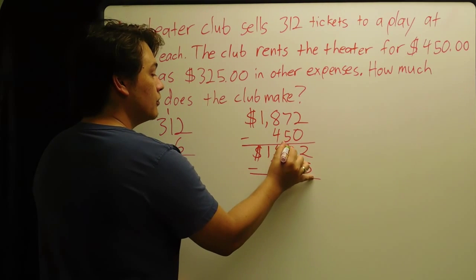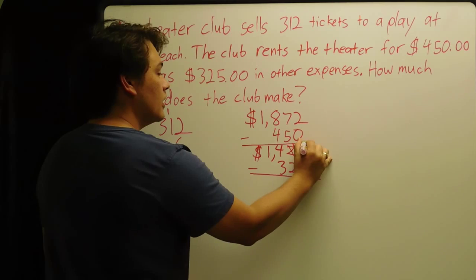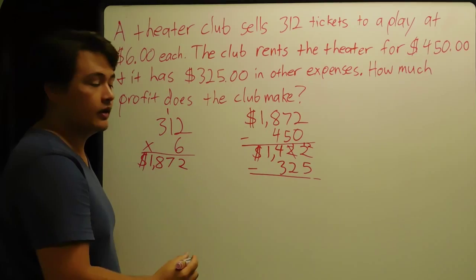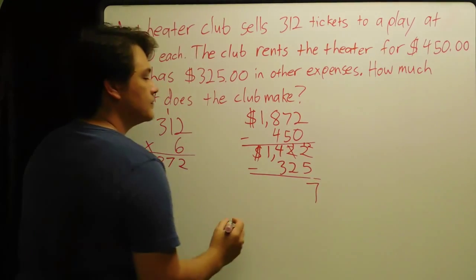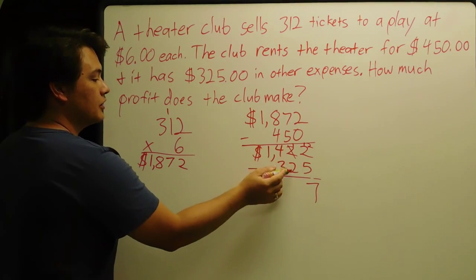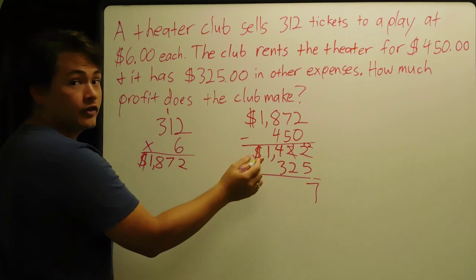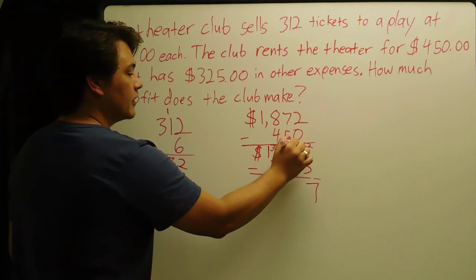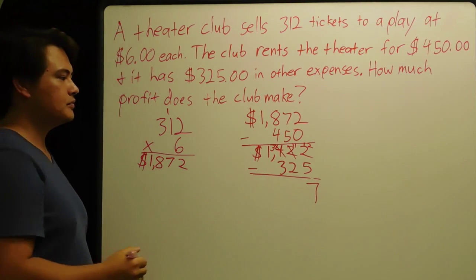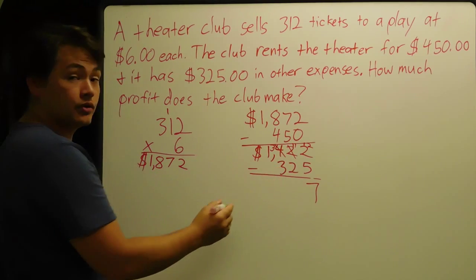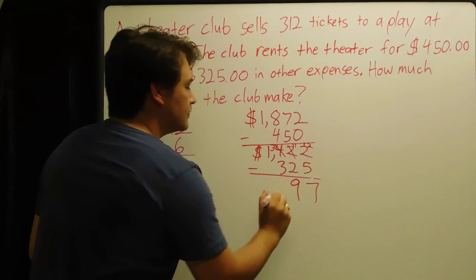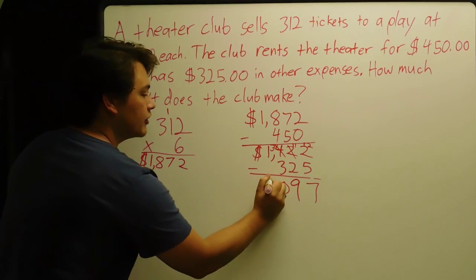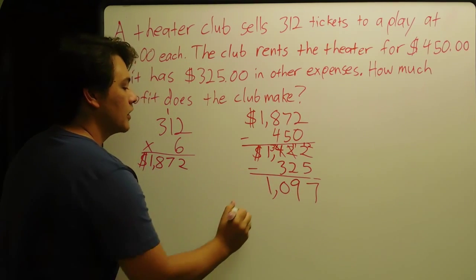This 2 is going to borrow from this 2 here, making this 1, and making this 12. 12 minus 5 is 7. 1 minus 2, this 1 needs to borrow from the next number over, making this 3 and making this 11. 11 minus 2 is 9. 3 minus 3 is 0. And 1 is not being subtracted by anything, so it's just 1.